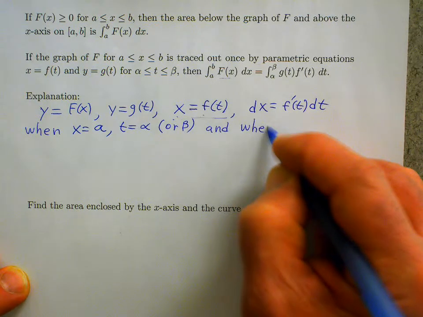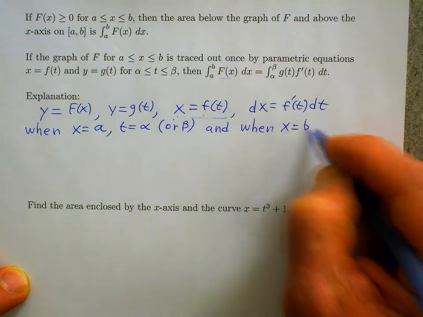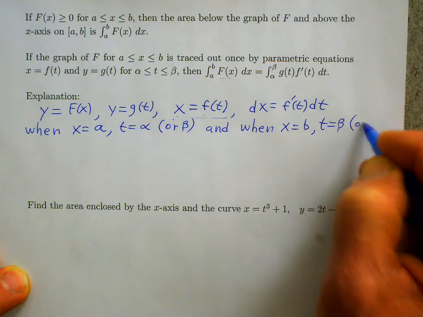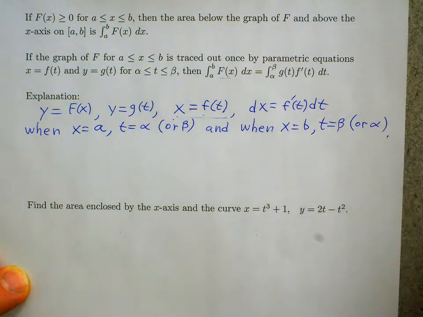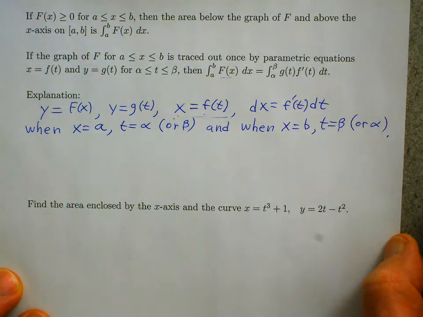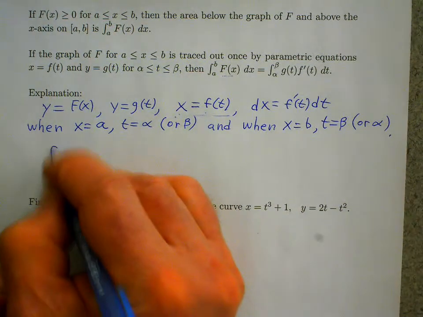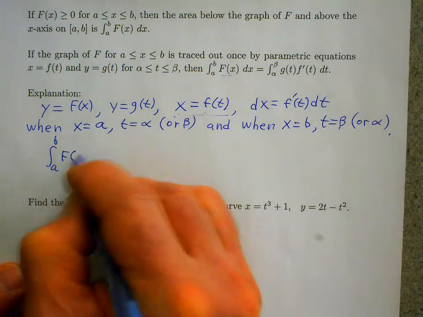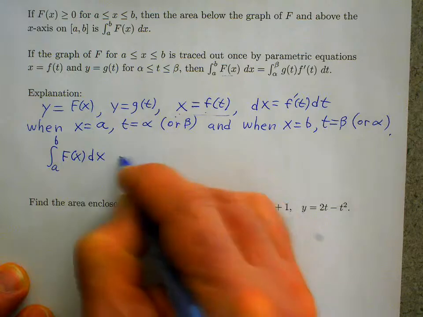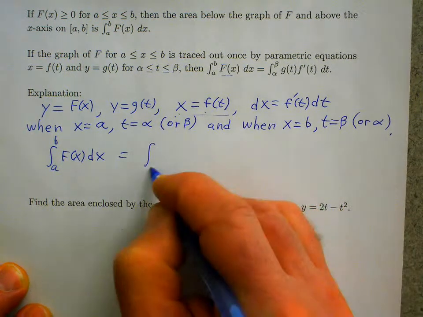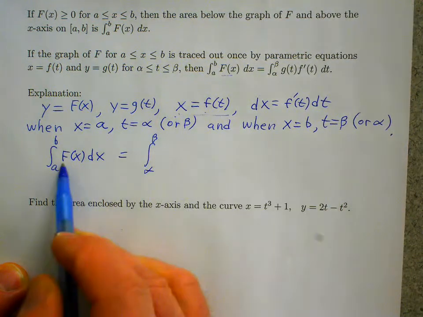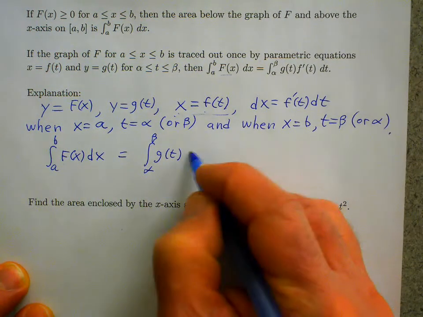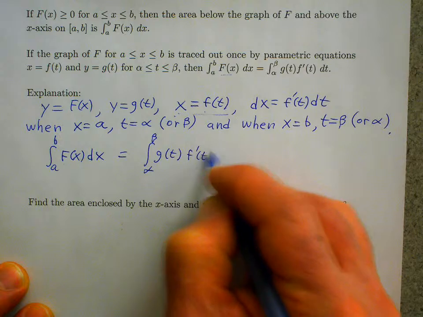And when x equals b, t is equal to beta or alpha. So if we just substitute into this definite integral, the limits are from alpha to beta, F of x is replaced by g of t, and dx is replaced by f prime of t dt.